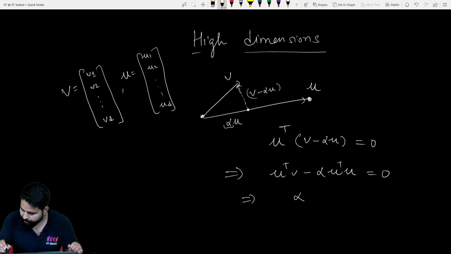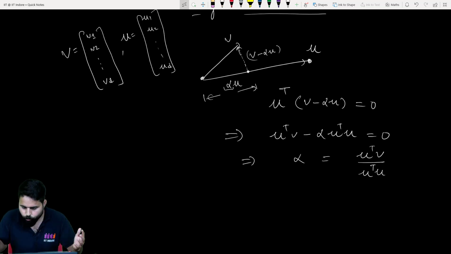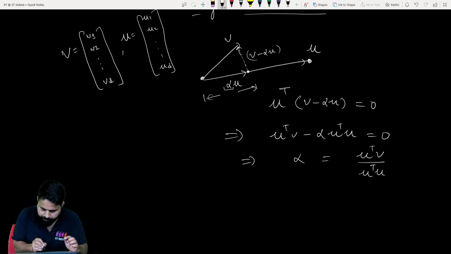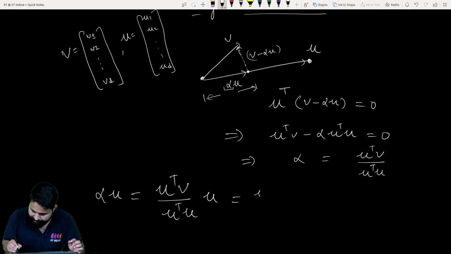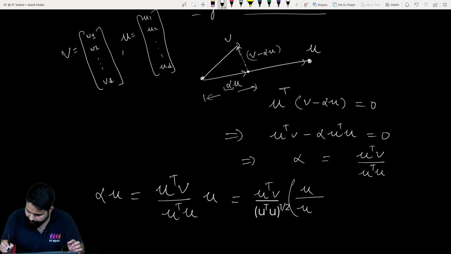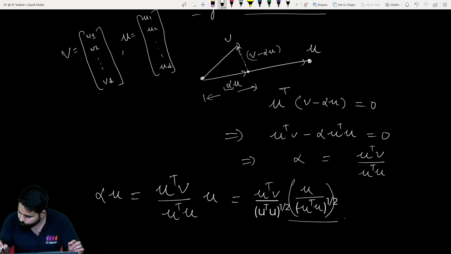That means alpha equals (u transpose v) divided by (u transpose u). So what will alpha u be? It is nothing but (u transpose v) over (u transpose u) times u. We can safely write it as the dot product of u and v, times this vector, and this part is nothing but a unit vector.